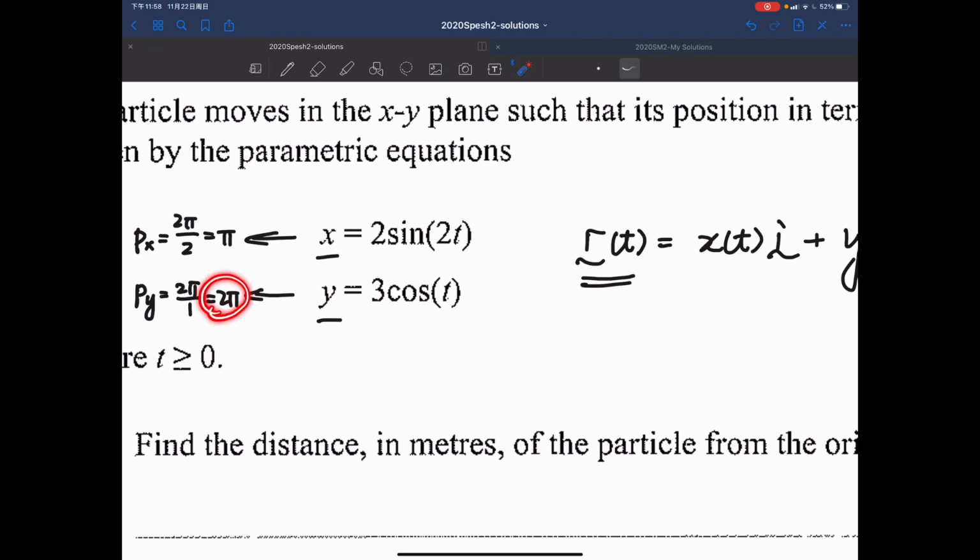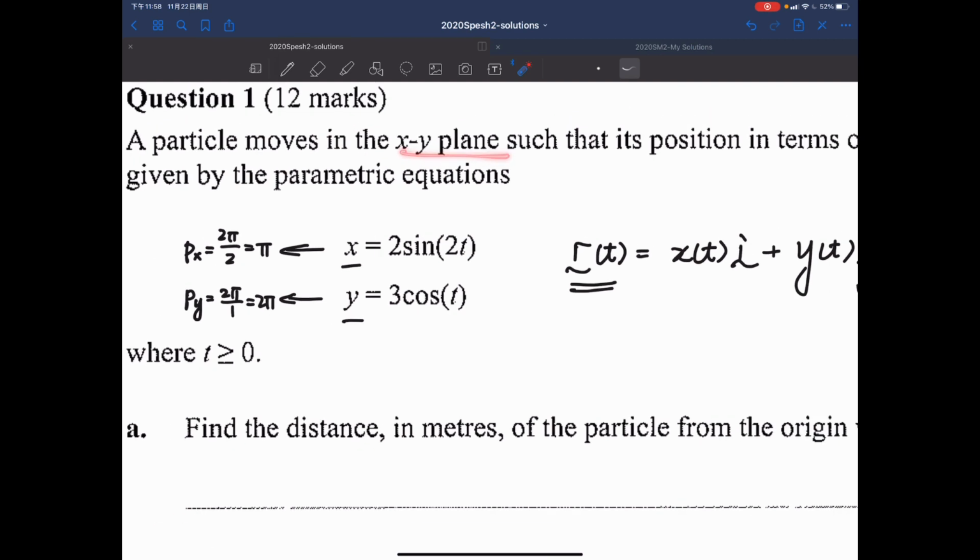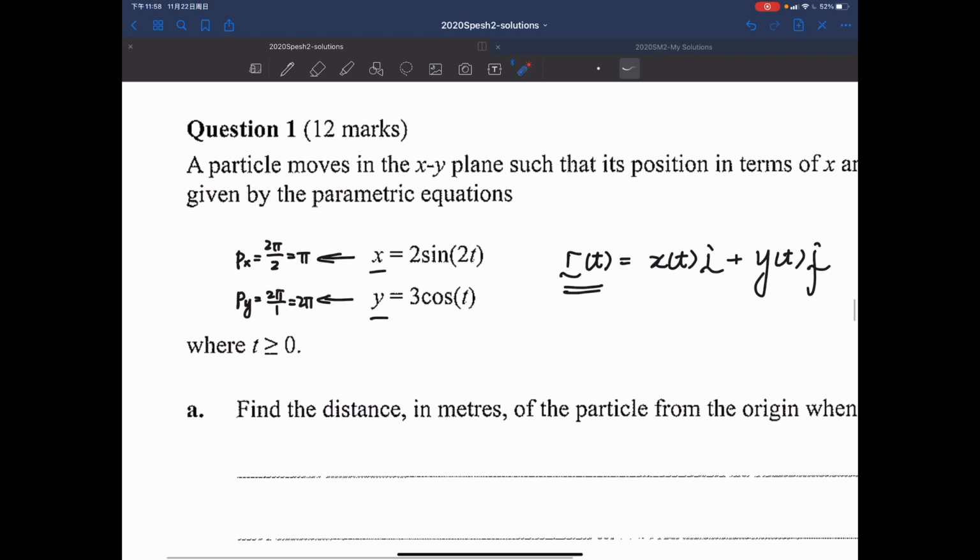Because period means the time to travel. If you travel longer, then you will cover a more complete circuit or a more complete path on the XY plane. That's why I choose the bigger value to use as our final period, the time to complete one cycle of the motion.